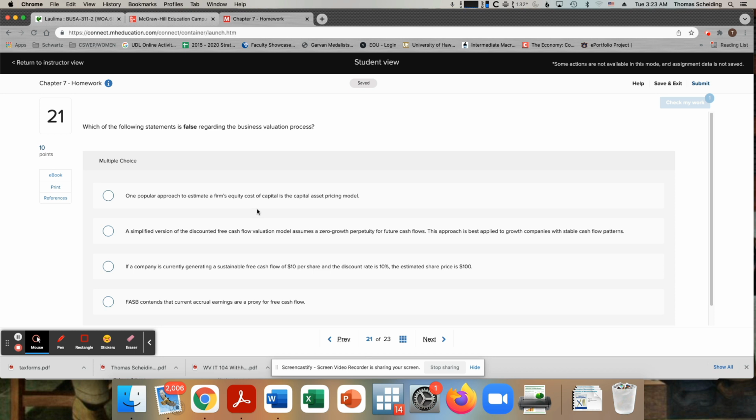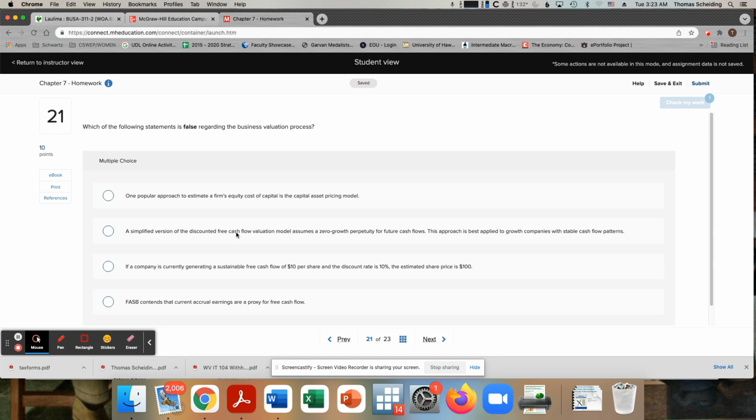That's true. CAPM is a popular approach. A simplified version of the discounted free cash flow model assumes zero growth perpetuity for future cash flows. No, God, I would hope not. That's not true. You wouldn't just assume zero growth perpetuity.